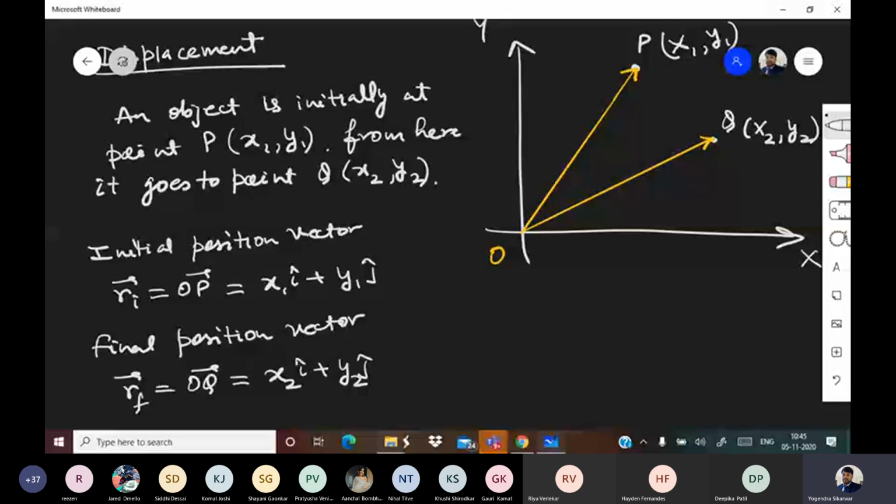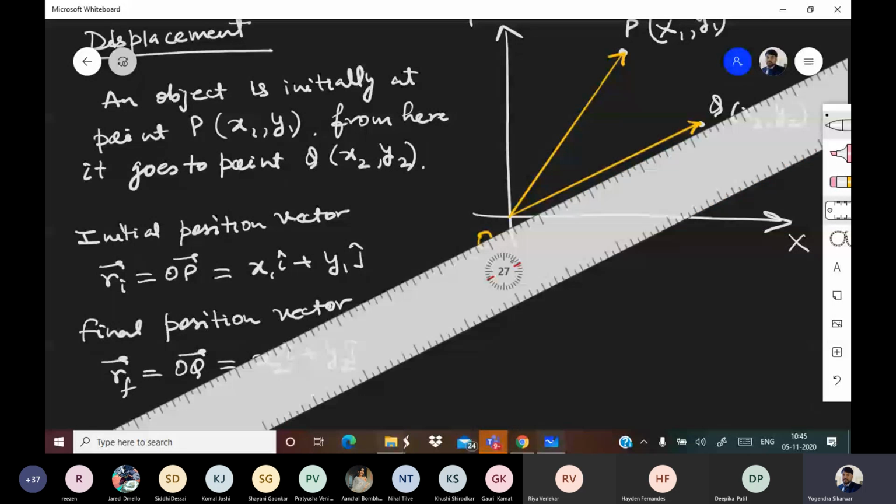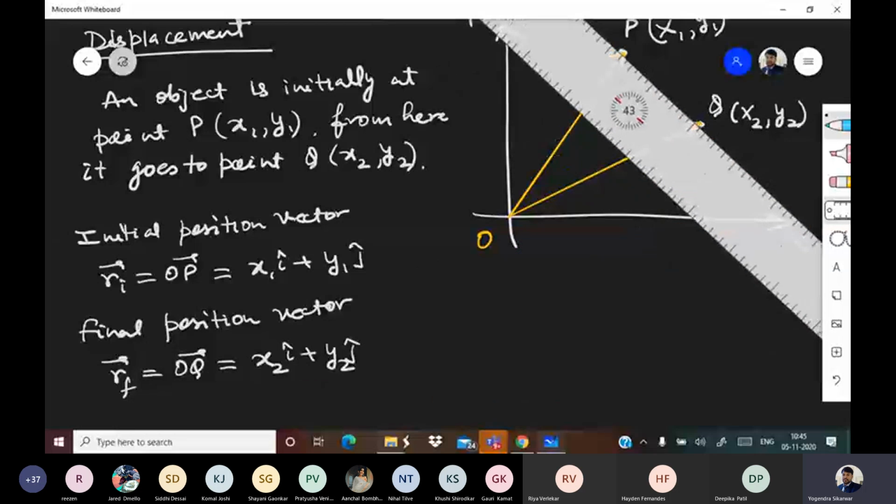So if we want to know how much the object has traveled or shifted, it has shifted from P to Q. So that will be the PQ vector.